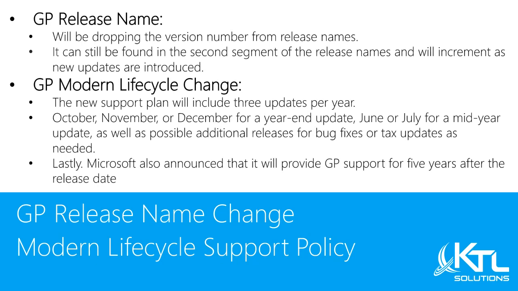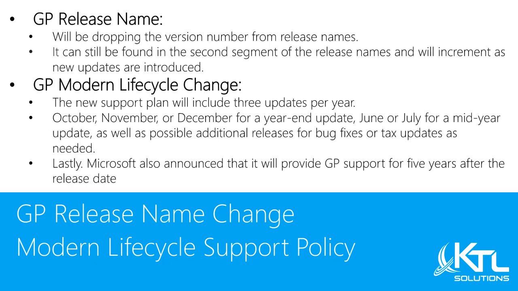It's really just going to be called GP, maybe called the October release or the April release, whatever the release dates are going to be. They're not going to reference the year anymore. That's how they're going to refer to it in the current versions and release dates and everything else like that.